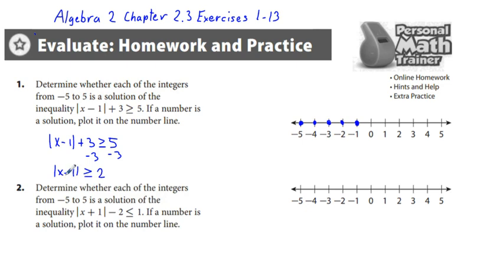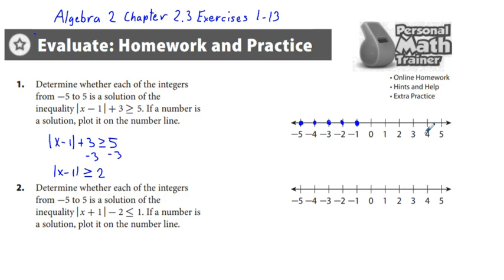So if we take 0, well, 0 minus 1 is going to be -1, and -1 is not greater than or equal to 2, so that one is not a solution. If we plug in 1, 1 minus 1 is 0. 2 minus 1, we'll end up getting 1. Now if we take 3, 3 minus 1 is 2, and the absolute value of 2 is greater than or equal to 2.